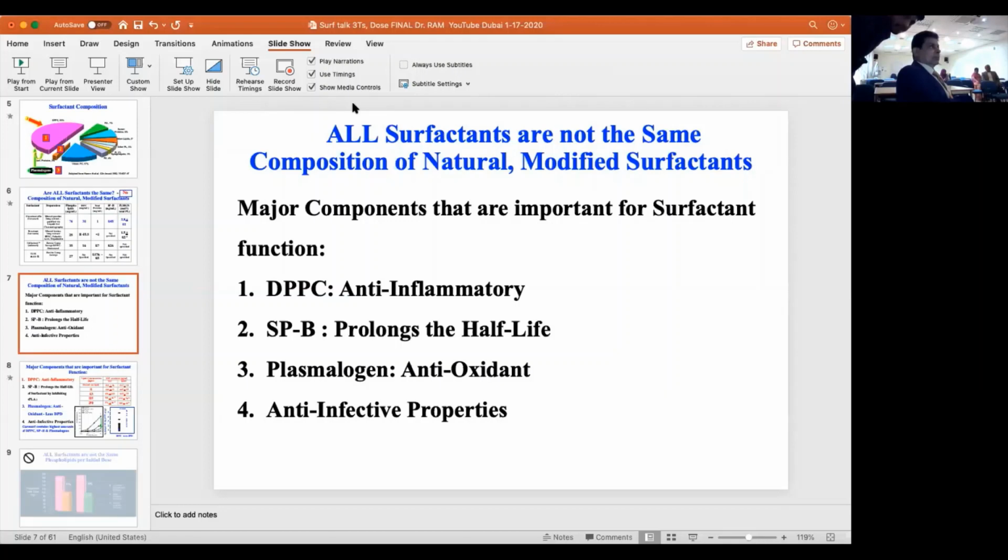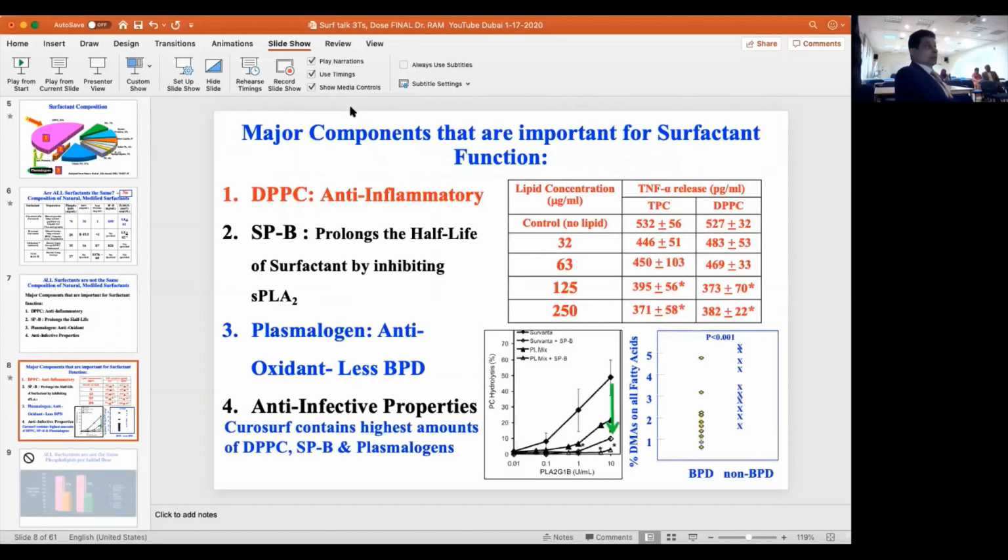Here is the data on anti-inflammatory properties. This is adding increasing amounts of lipids and looking at TNF-alpha, which is a very potent inflammatory cytokine. You can see with increasing DPPC, we have a decrease in alpha release.